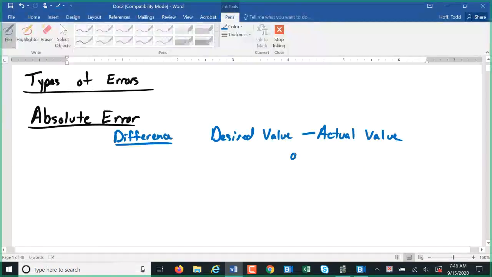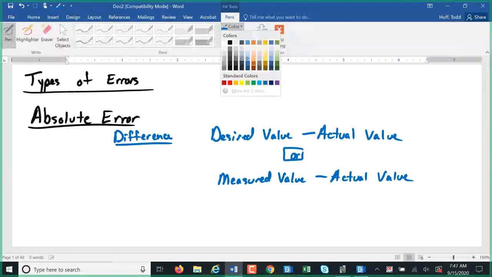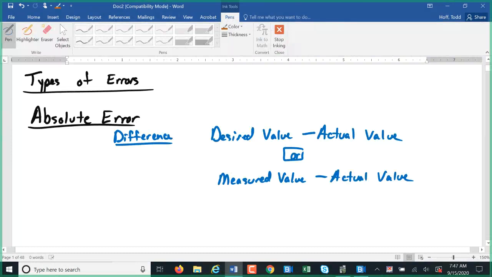Or it can be the difference between the measured value and the actual value. We go to measure it, but remember, all measuring devices have a built-in error, so we have to round to the smallest unit of the device.